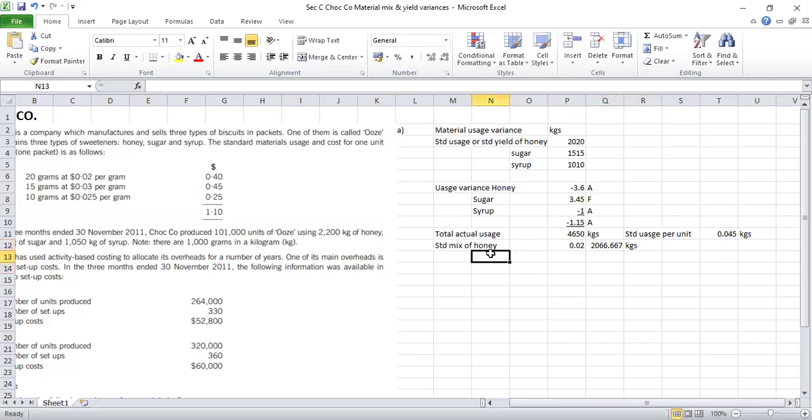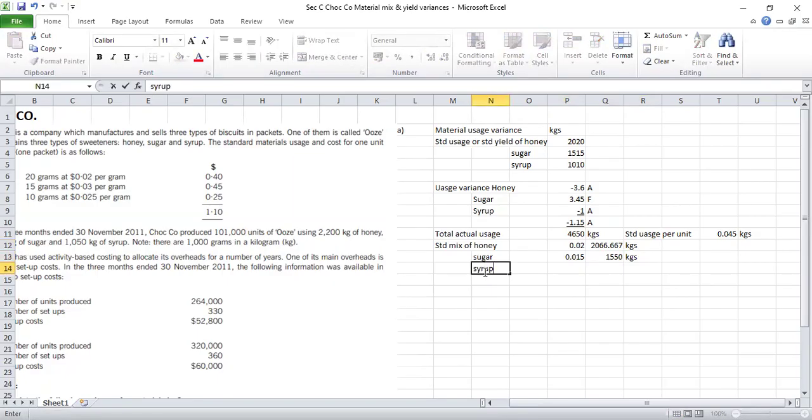Now we will use the same way to calculate sugar. 15 divided by 1000. Now we will calculate usage. 15 divided by total standard usage per unit, or 0.015 divided by 0.045, multiplied by 4650. 1550 for sugar.